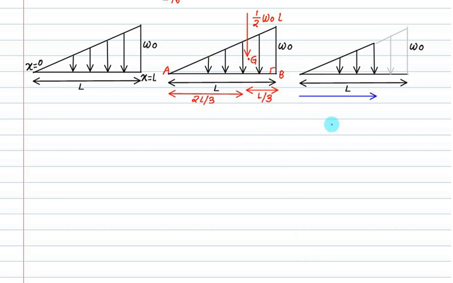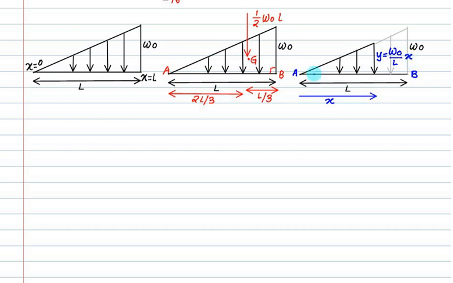We want to compute the load at any distance x from the end A. Then this load value y is equal to W0 divided by L multiplied by x. Is it correct?